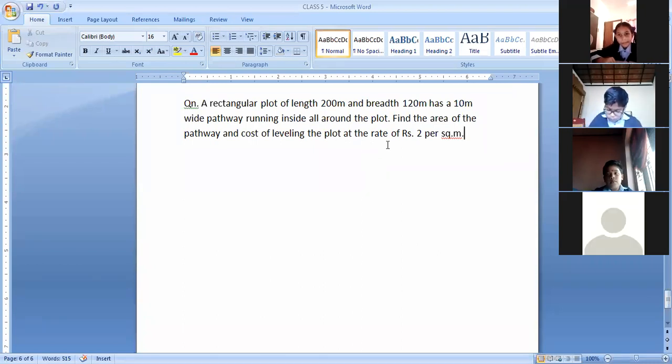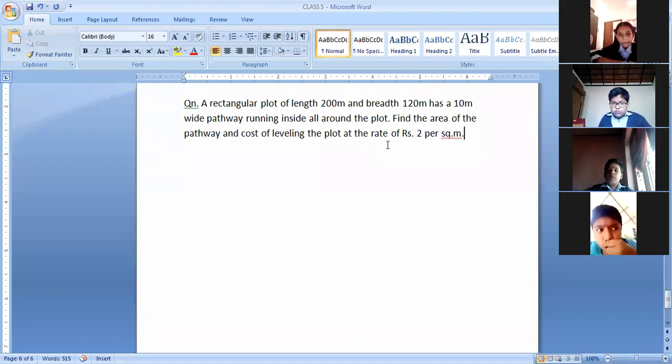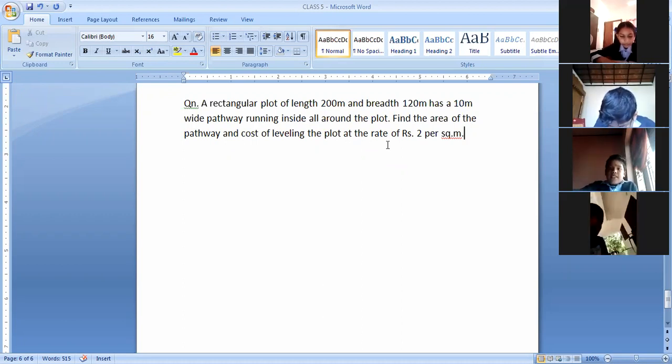Suryadev, could you please explain the question to me? Just tell me what you understood from the question. What is the shape? What is there?